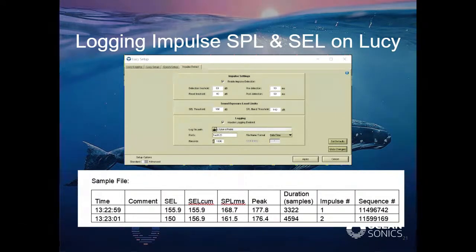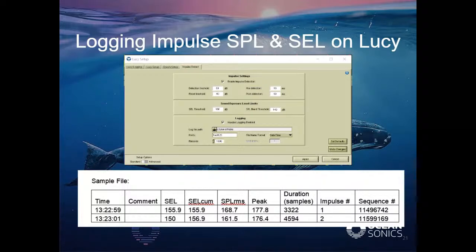You can set up a prefix, and you can also set up the number of records. And just ensure that at the very top, you have enable impulse detection clicked. And then below that, I just have a sample file. So this is half of the text that you would get when you're looking at a sample file. It will show you a time and a number of that impulse.